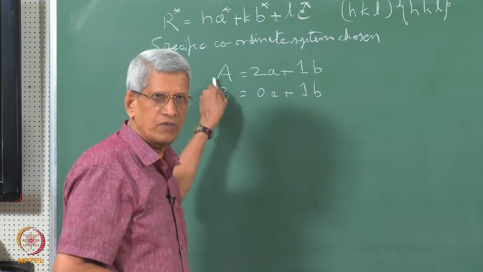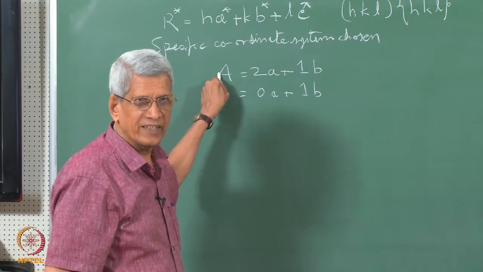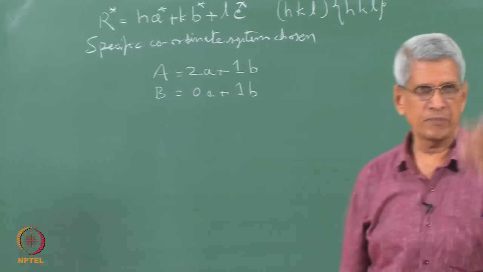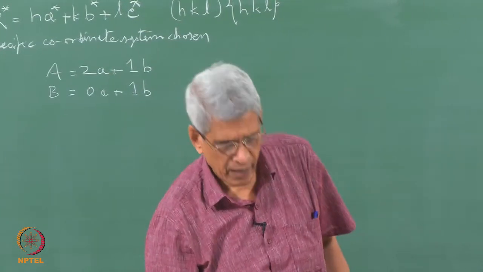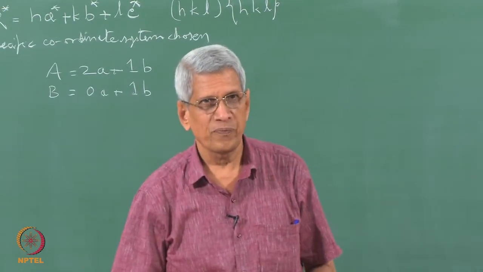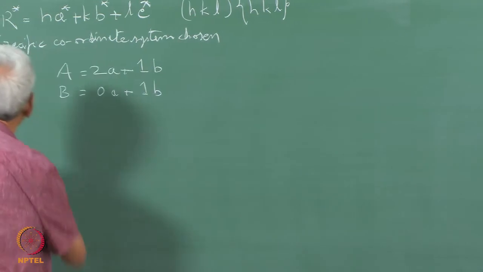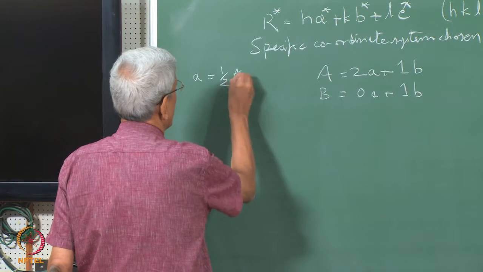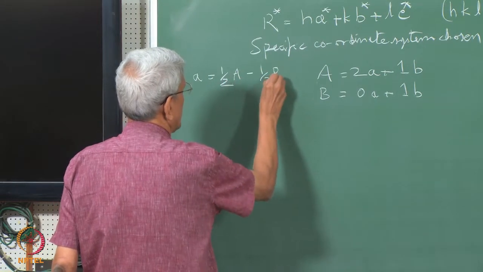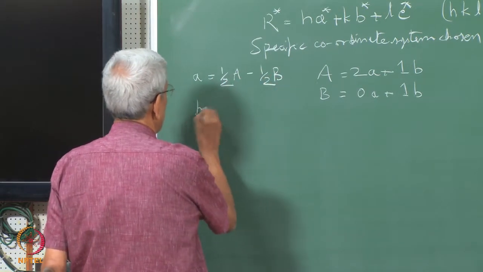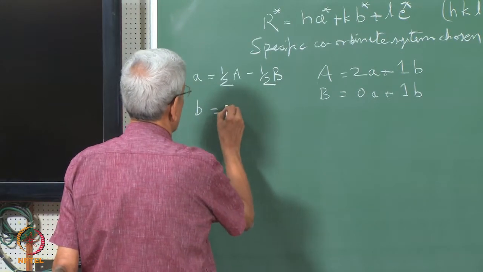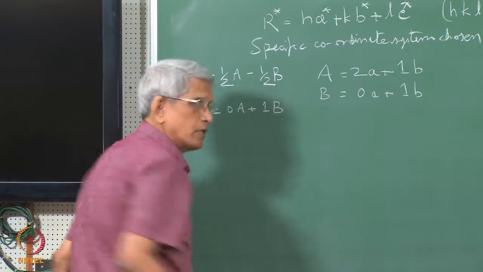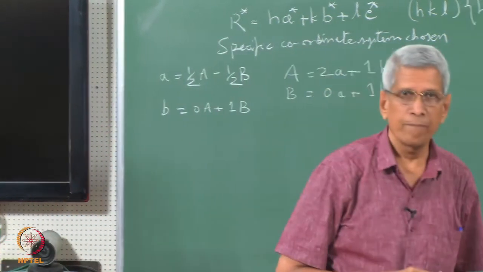We are writing the coordinates of the rectangular lattice in terms of the hexagonal lattice. We can do it the other way around also. Then A will be equal to half A minus half B. B will be equal to 0 into A plus 1 into B.